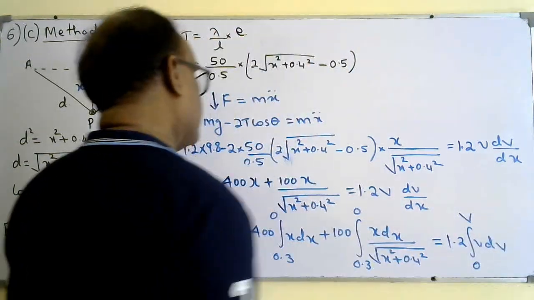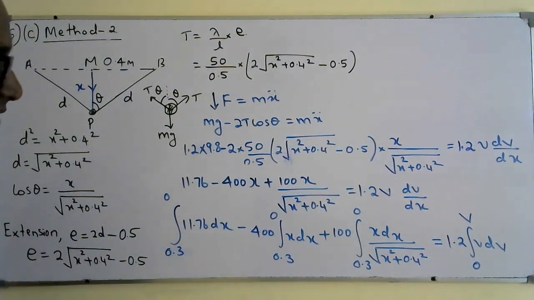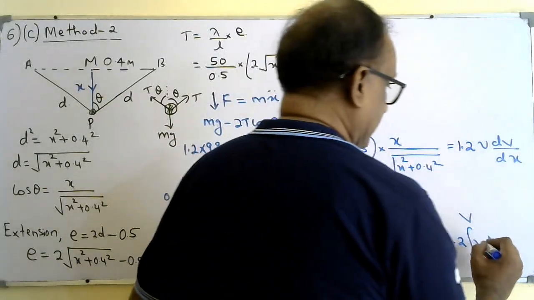We need to find this v. All else is known, only v is unknown. We are going to find that v.